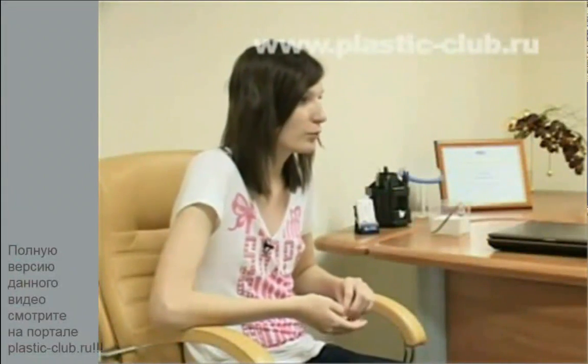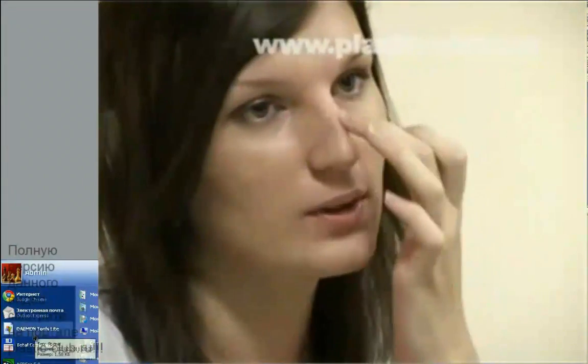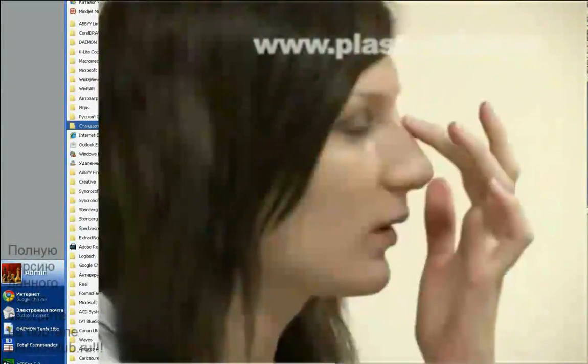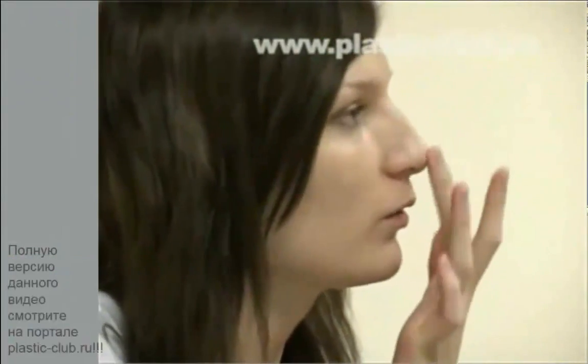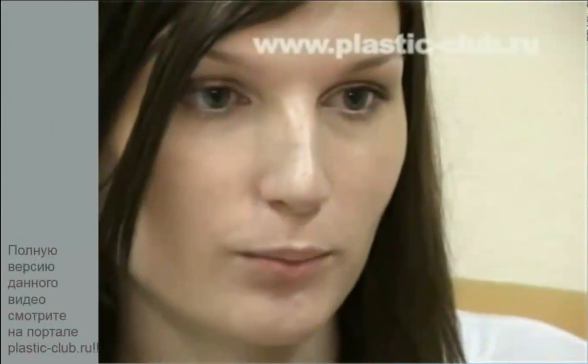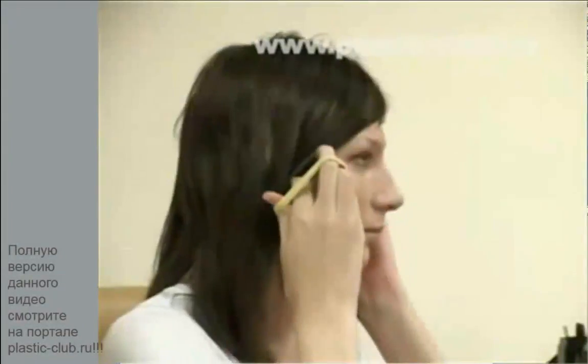Hi, my name is Julia and I'm 19 and I'd like to change the shape of my nose and to enlarge my breast, and I'd like to make the nose narrower, to remove the bulge and to correct the teeth, and I'd like to change my face. It seems to me that it's not womanly and coarse. What can be done? I'm ready for anything. If I think that I'm not beautiful, I cannot meet people, communicate with them, I can't learn, can't work, just sit at home.